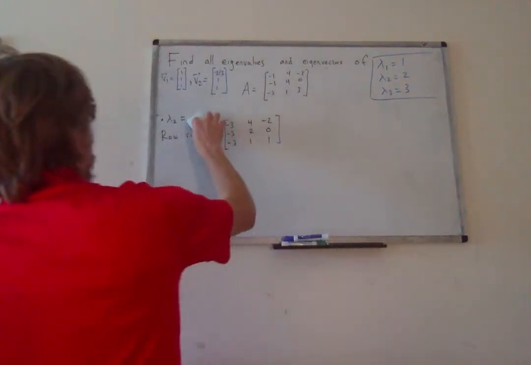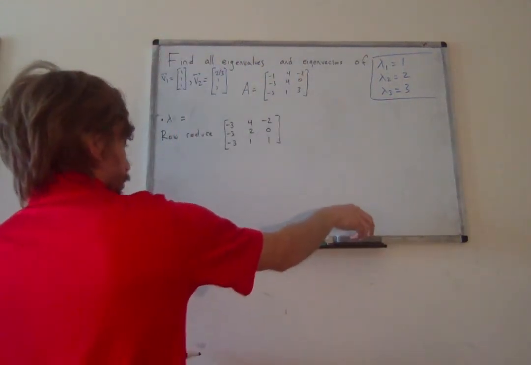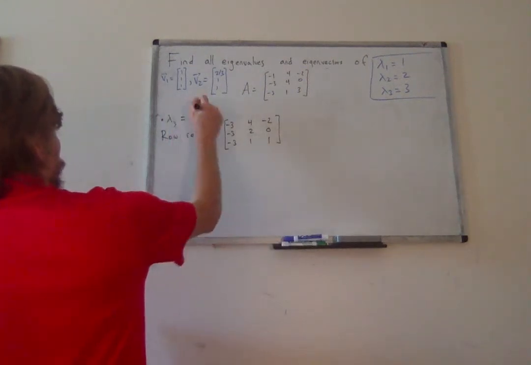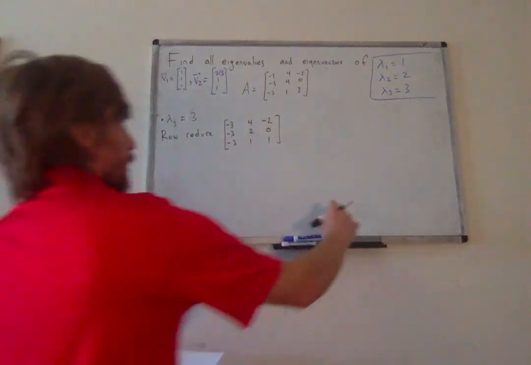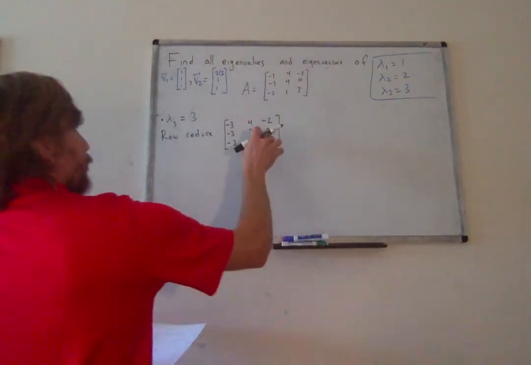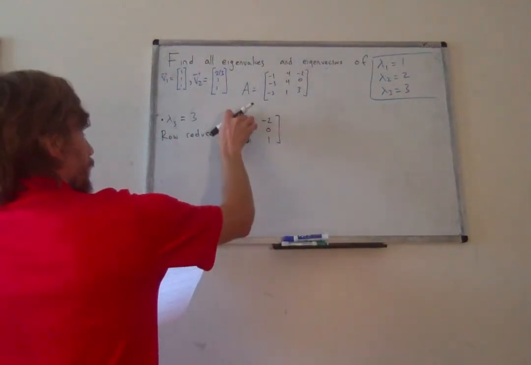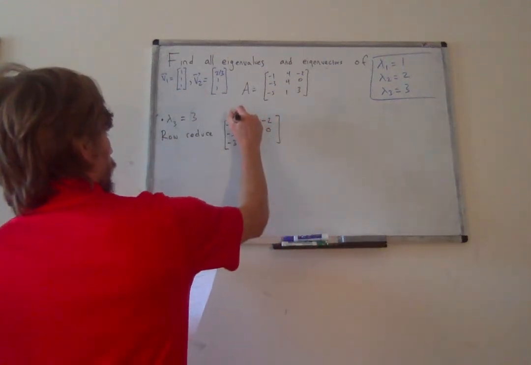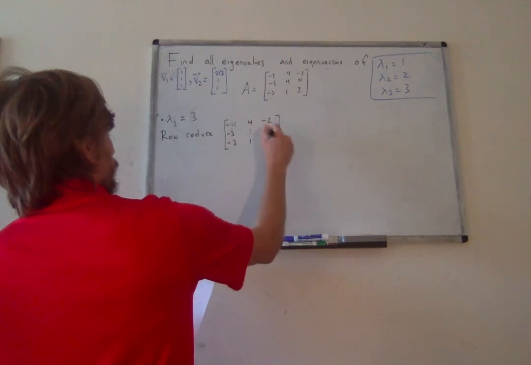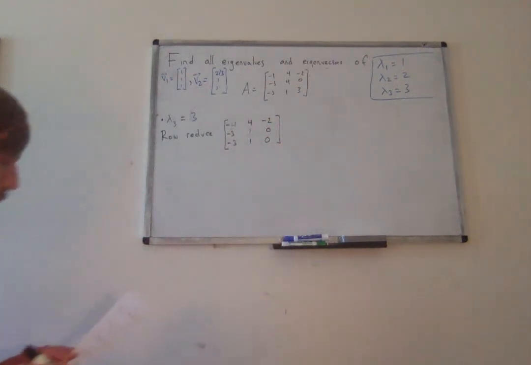We want to now calculate the eigenvector corresponding to lambda 3 equals 3. And so all I'm going to do here is subtract 3 off of each of the diagonal entries of the matrix. So I can change my starting matrix by just doing this.